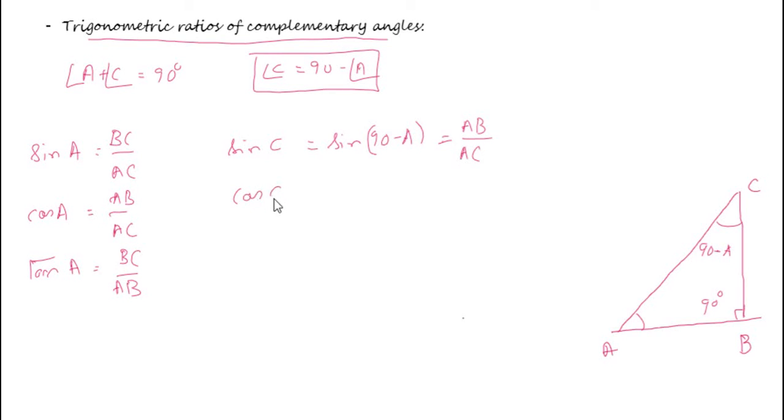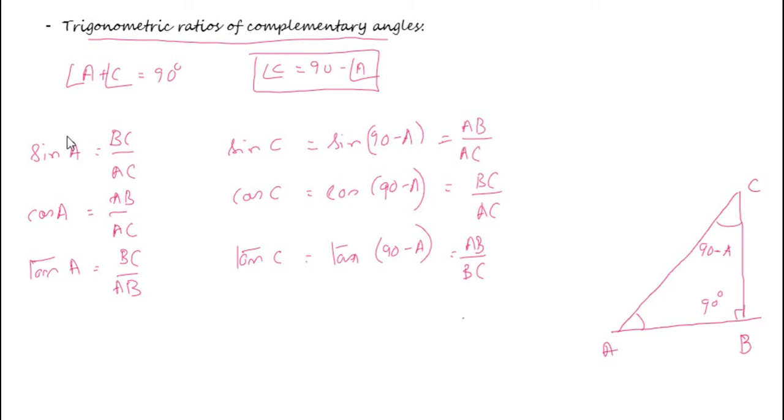Cos C equal to cos 90 minus A, equal to adjacent for this is BC, it is BC divided by AC, then tan C is tan 90 minus A, that is equal to opposite side by adjacent side. So it is AB by BC.